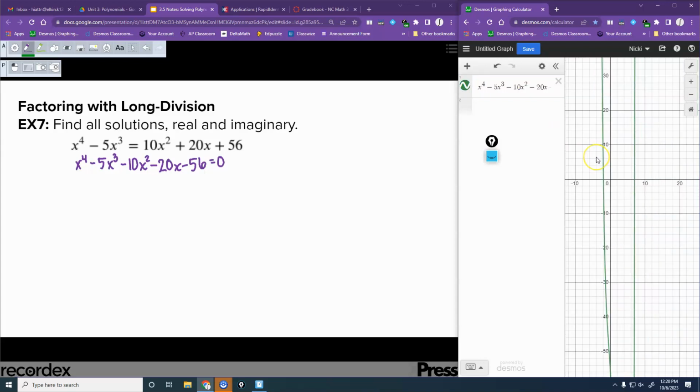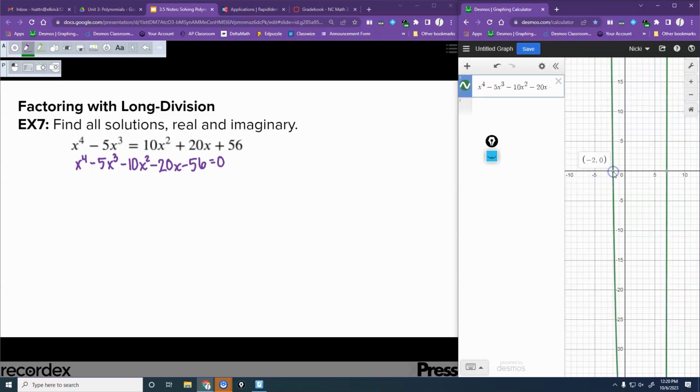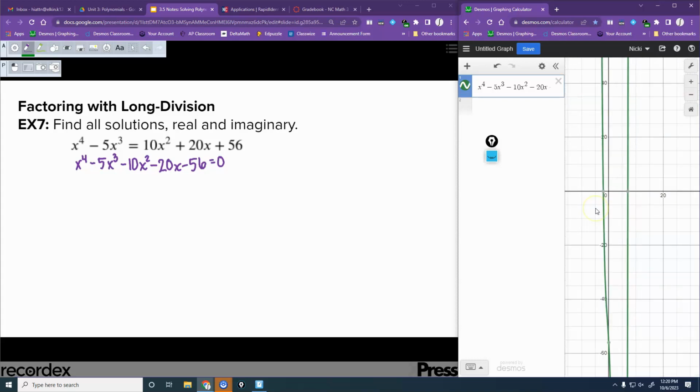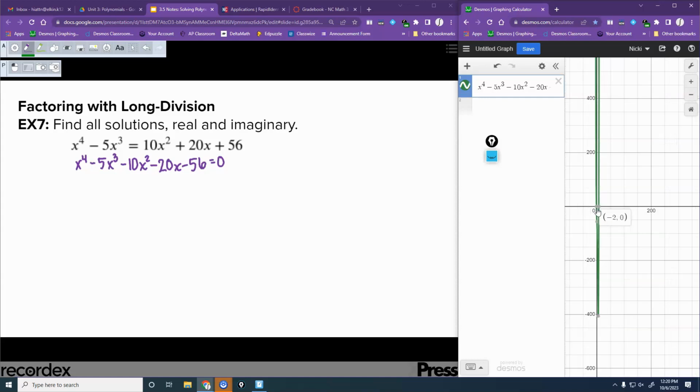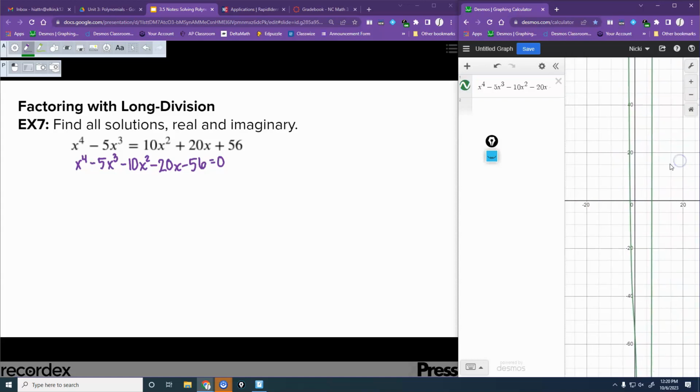Now, if I look at my graph here, I do have a couple of real zeros. Okay, so I do have some real zeros right here. But it looks like I've only got 2. Doesn't look like I've got any others. And how many solutions am I supposed to have for this? 4.